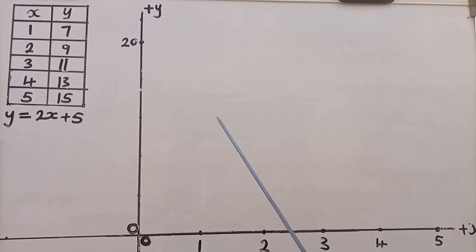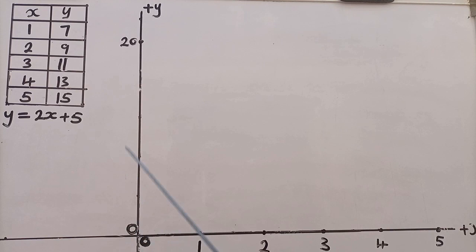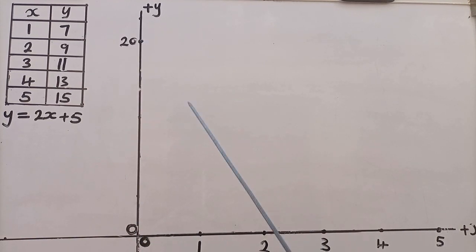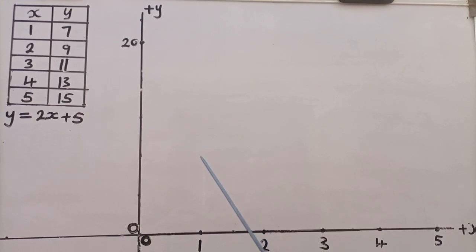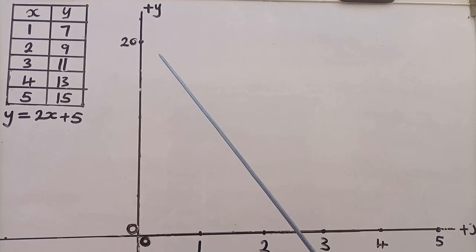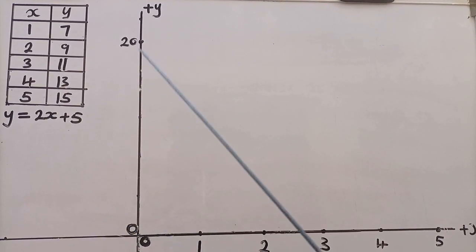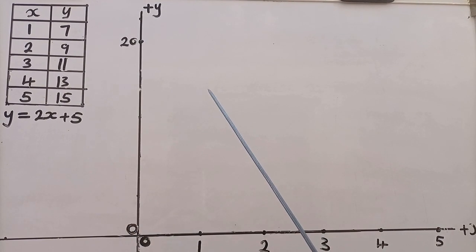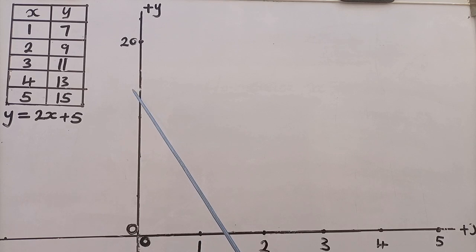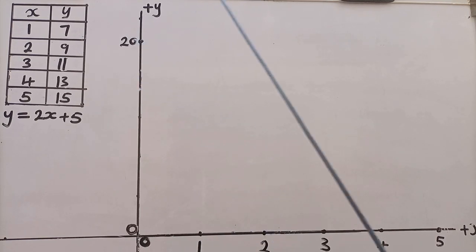If I divide this gap into 4, each interval will be 5. So you have 5, 10, 15, 20. If I divide this gap into 5, each gap will be 4. And that will be 4, 8, 12, 16, and 20.